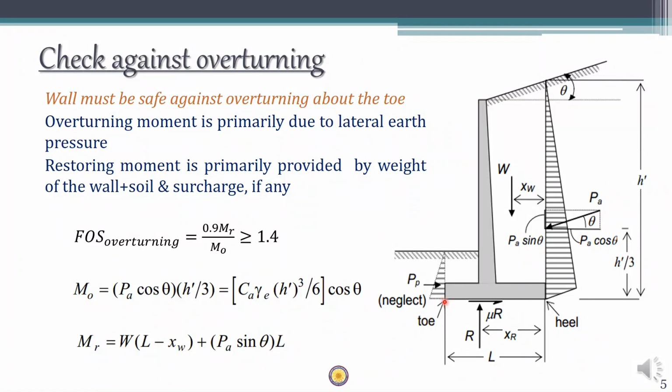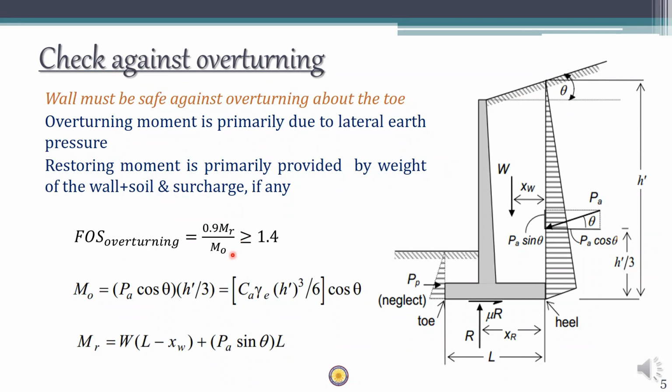The restoring moment MR about the toe is mainly caused by the weight as well as the vertical component of PA, which means MR is equal to W into (L minus XW) plus PA sin theta into L. Finally, the factor of safety against overturning is 0.9 MR divided by MO, and this should always be greater than 1.4.